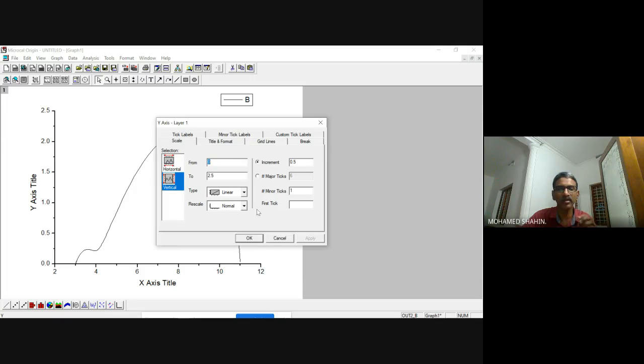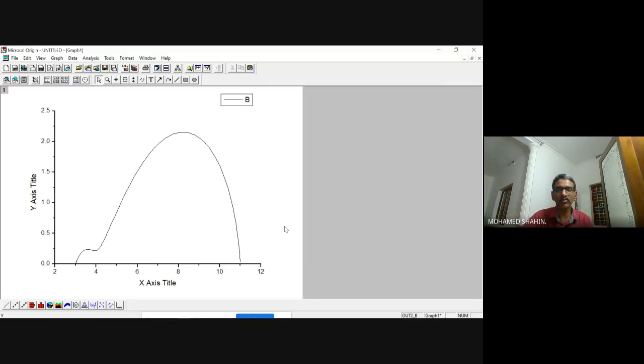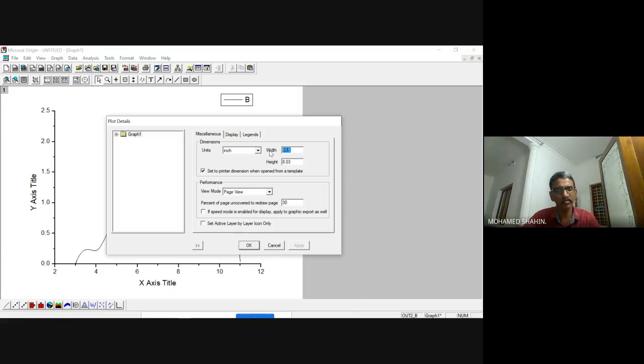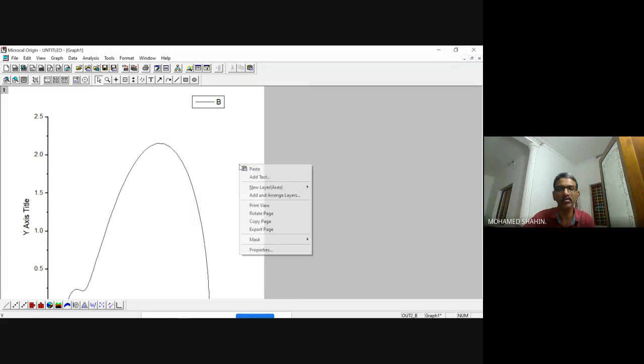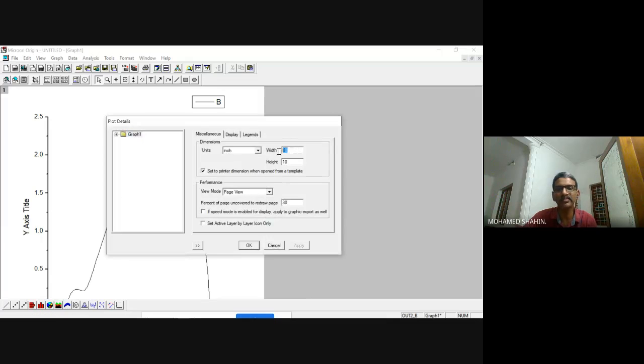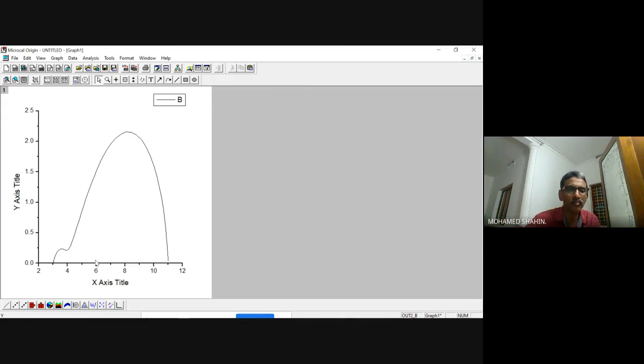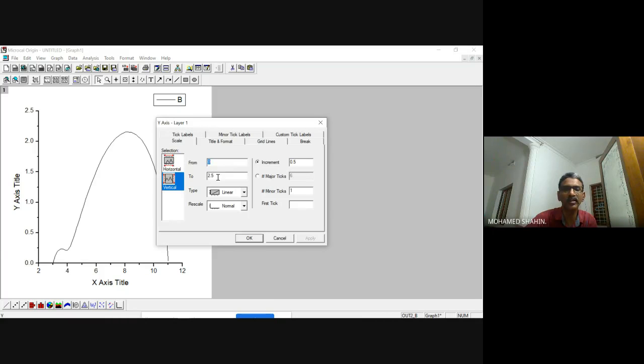Apply. For doing that, what we have to do is properties. There are many ways; what I am doing is putting it in the same scale, apply. Properties, 10 is not 8, I put 8 and 8, apply. Now here it is 12, 2 to 12, 10. So the same scale I have to write 12, apply.